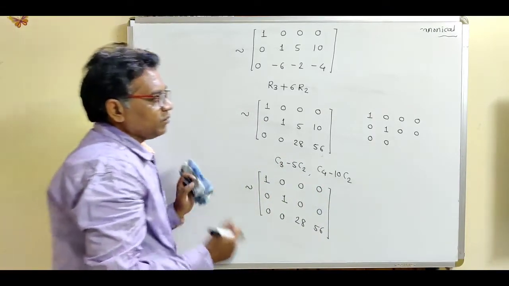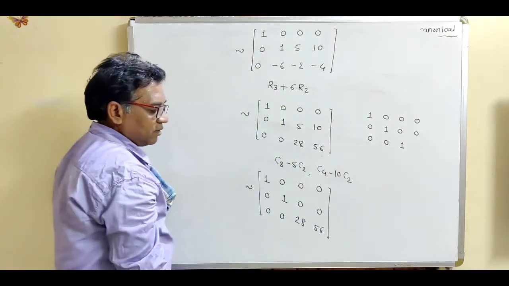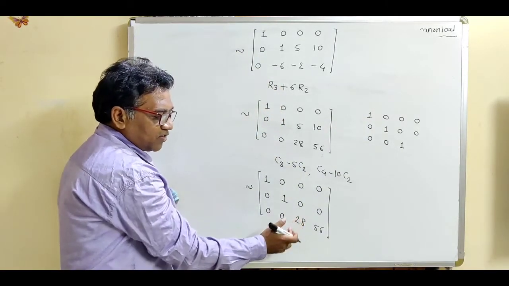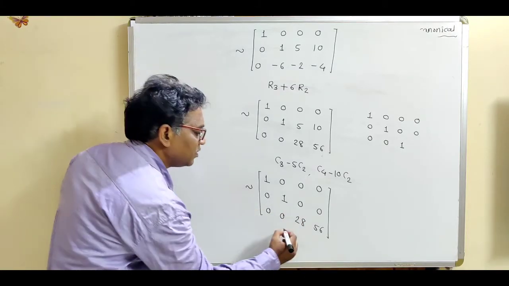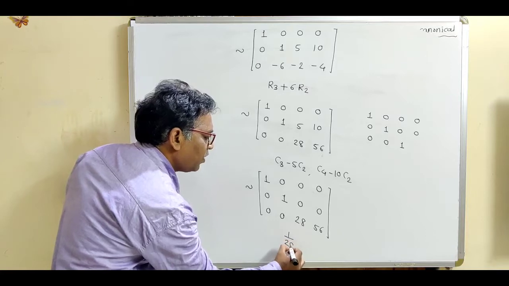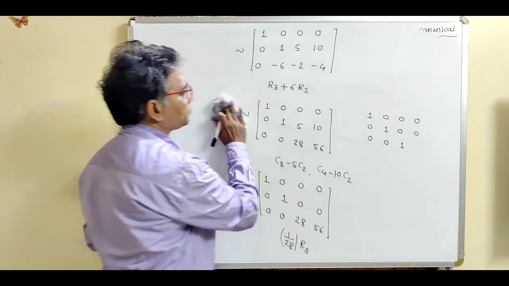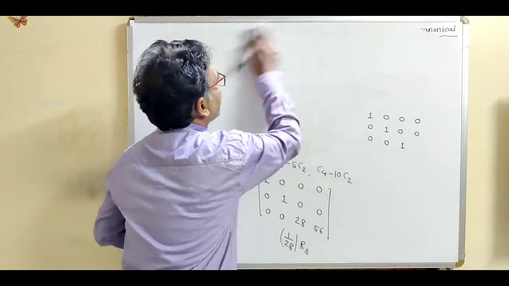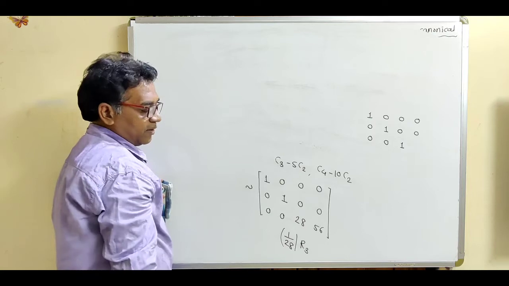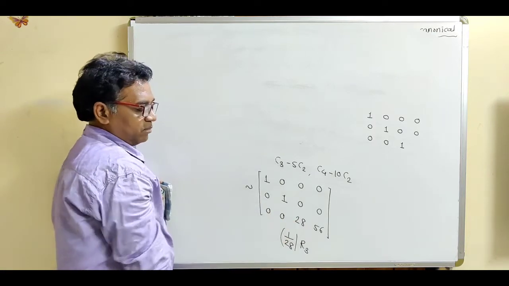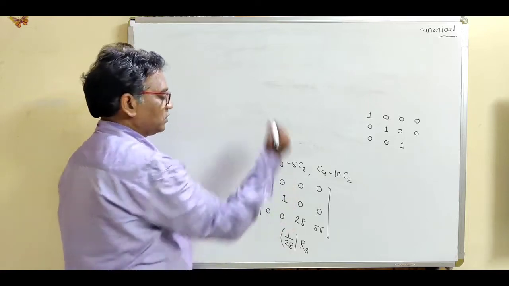Now what is the next step? Now make this new entry equal to 1. So how to get this one? Just divide this third row by 28. So write down here 1 upon 28 times R3. Divide this third row by 28, or multiply this third row by 1 upon 28.